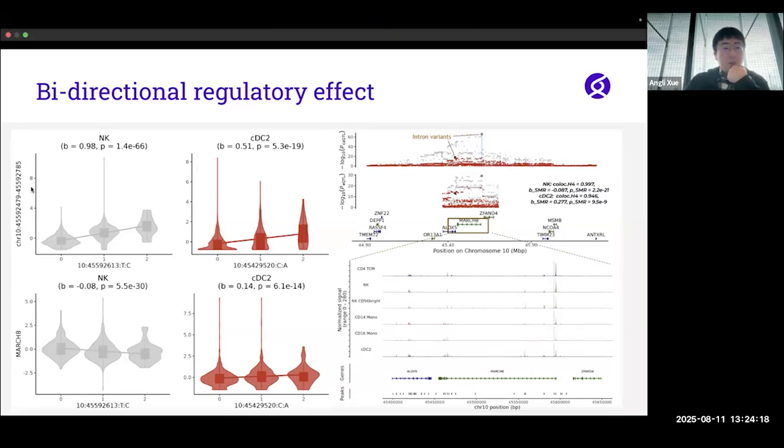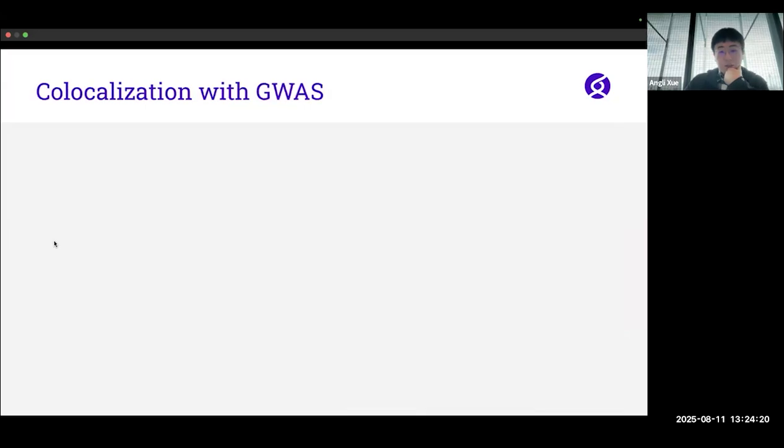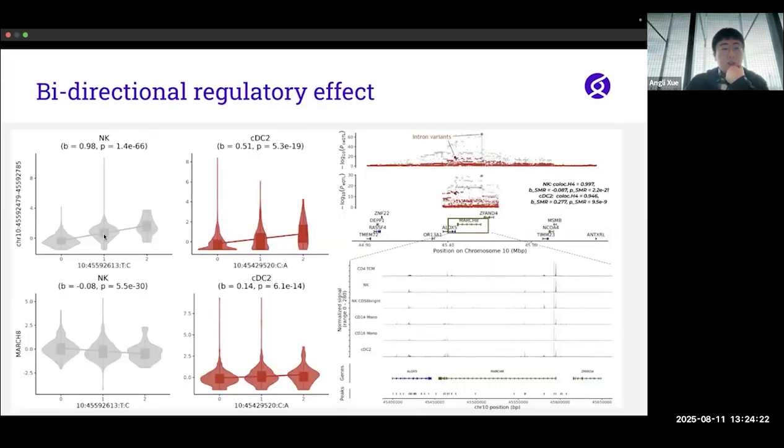This is the peak we're interested in, and the caQTL effects in the NK cells and dendritic cells. If we look at the trend, the minor allele has increasing effects on the NK cells and dendritic cells.